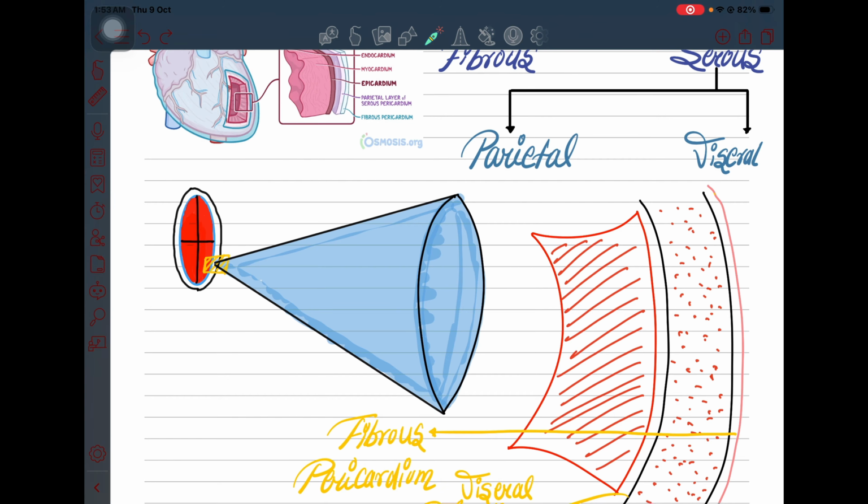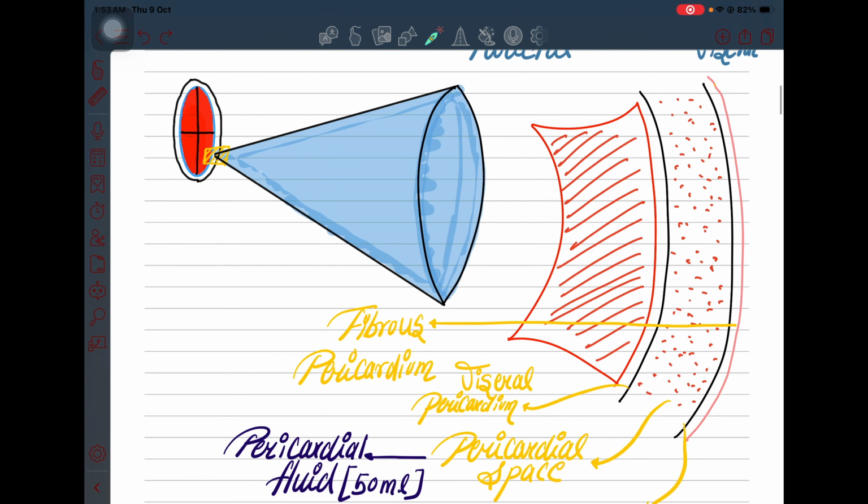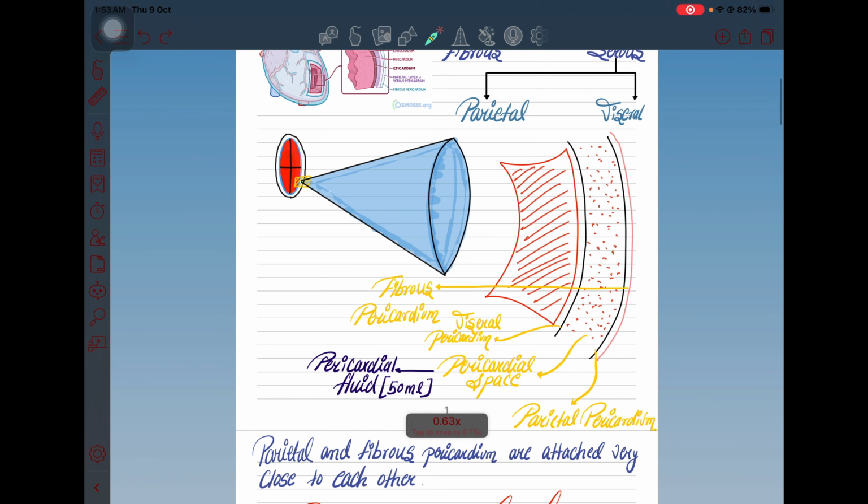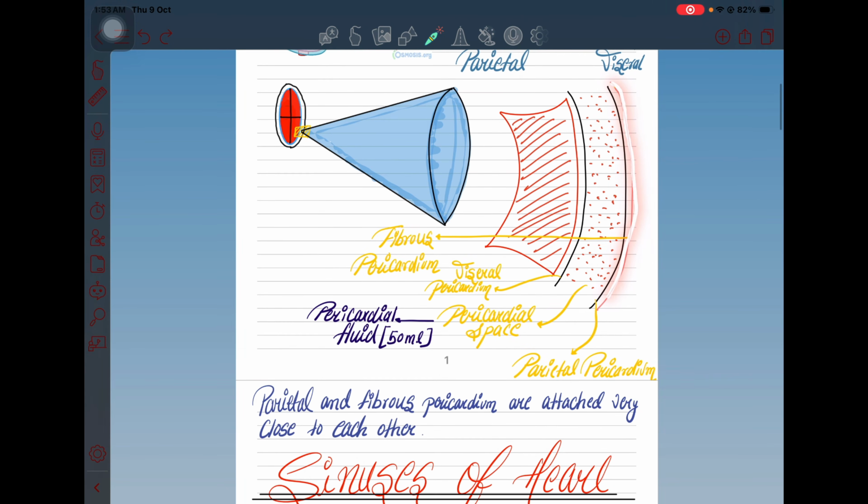If we take a cross section of the heart, we can observe that the outermost layer forming the pericardium is the fibrous pericardium, and the layer next to it is the parietal pericardium.